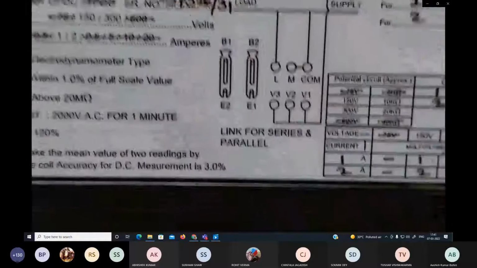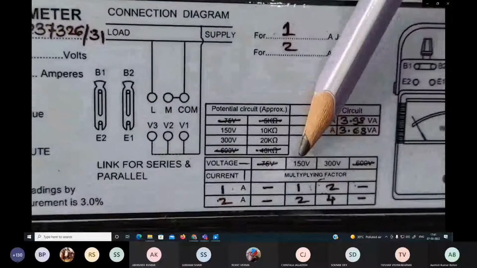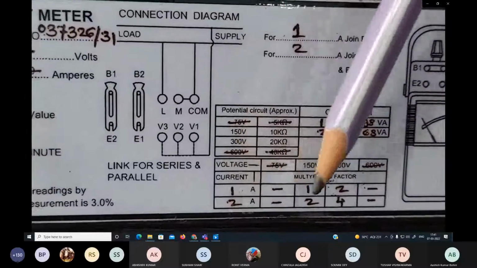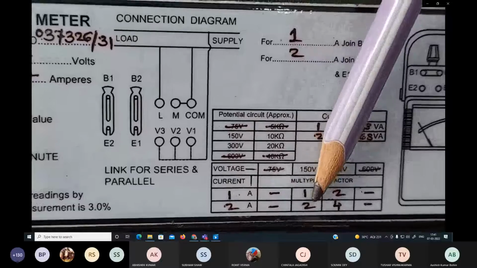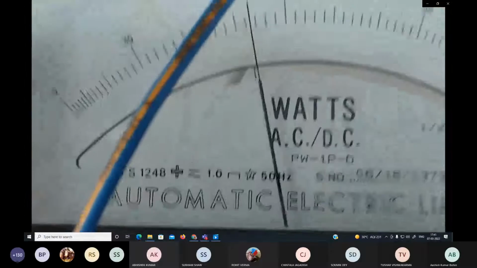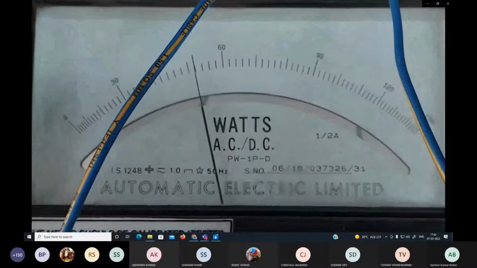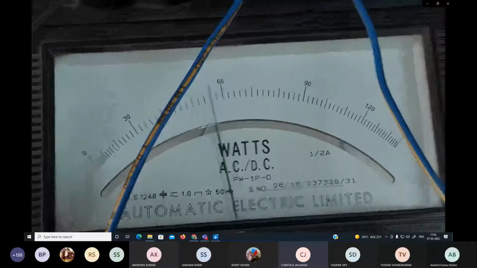So for 2 ampere and 150 volt, the multiplying factor is 2. Whatever reading is obtained here needs to be multiplied by 2 so that you can get the actual power consumed by the transformer at the short circuit condition.